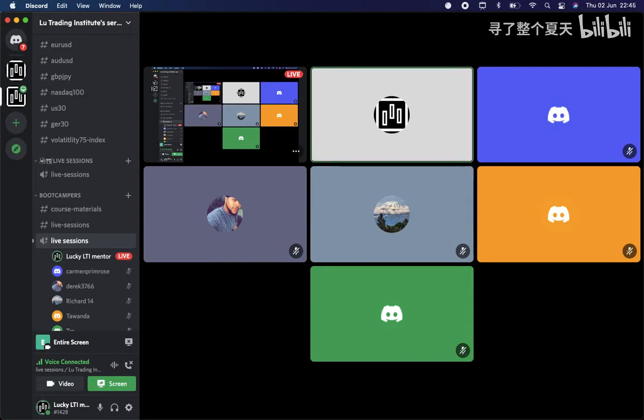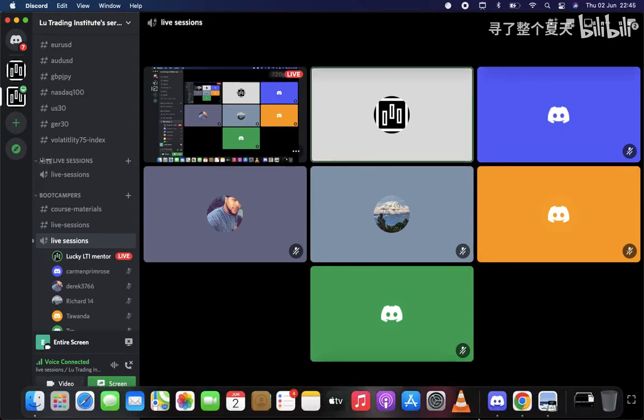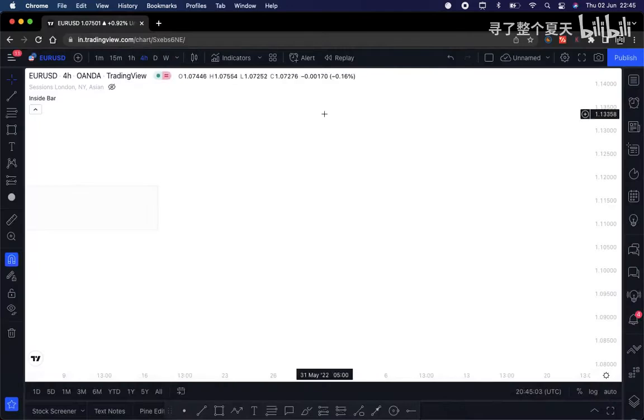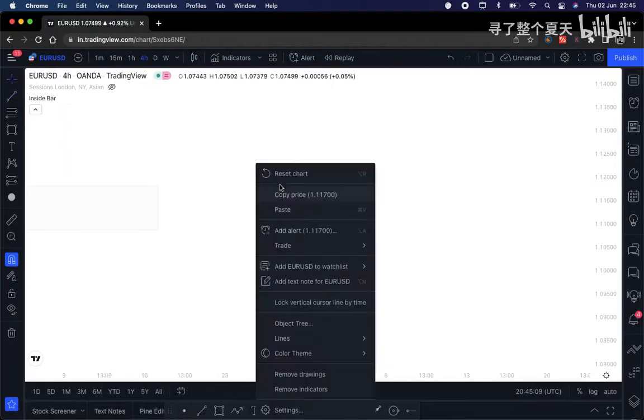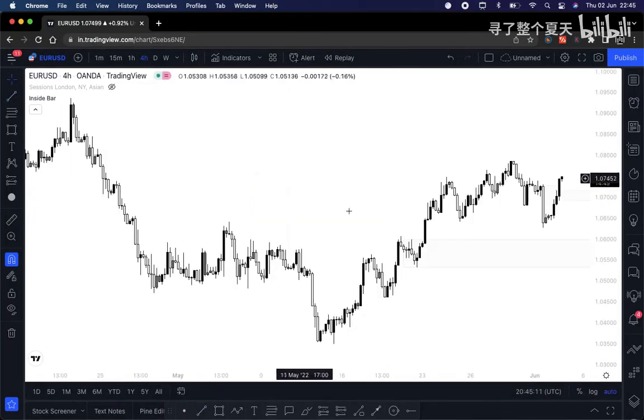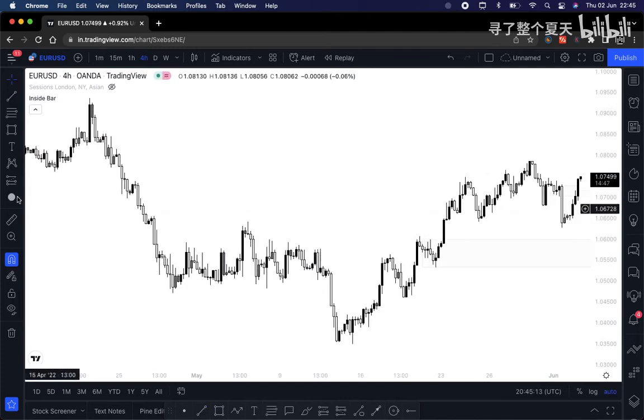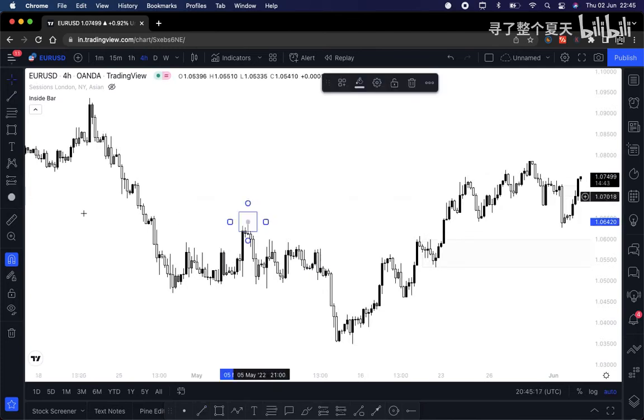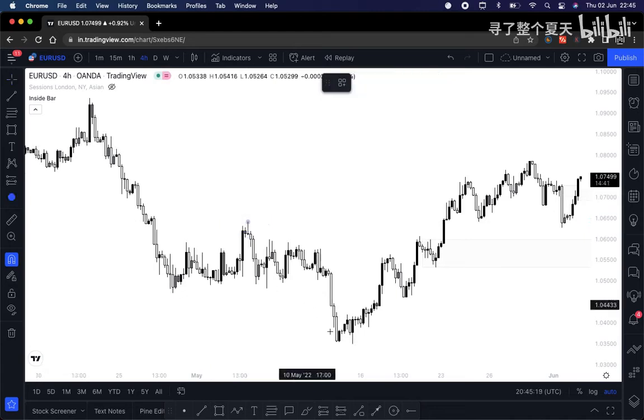Identify those. Let's say, for example, on the 4-hour time frame, you can identify swing structure with these minor dots as your swing structure, right?